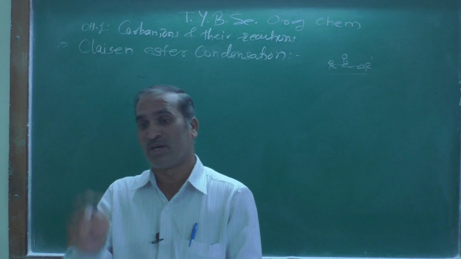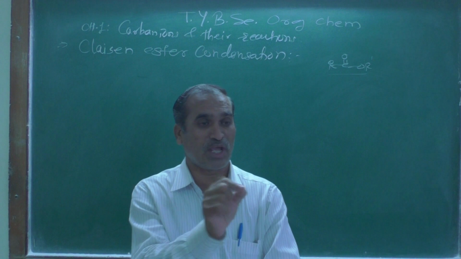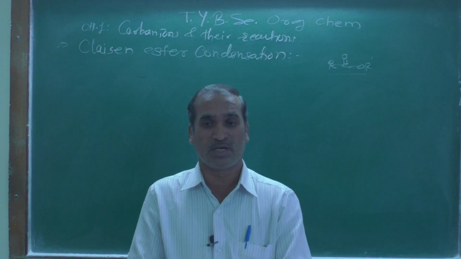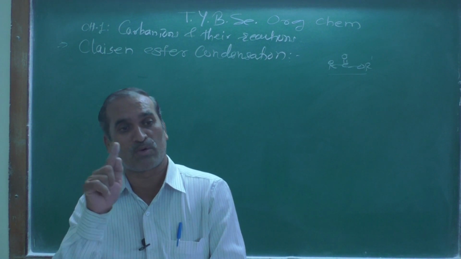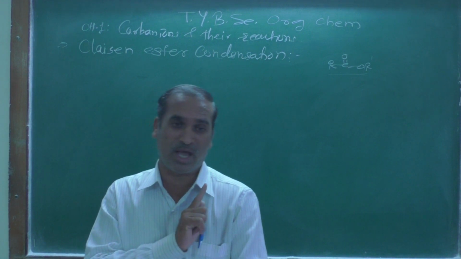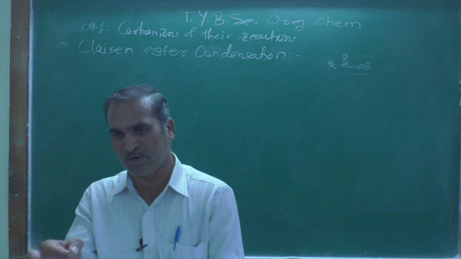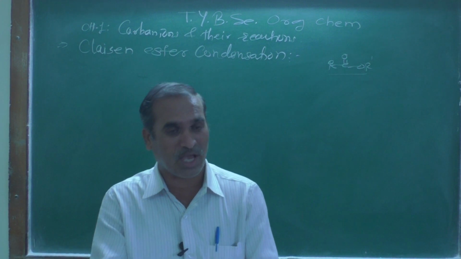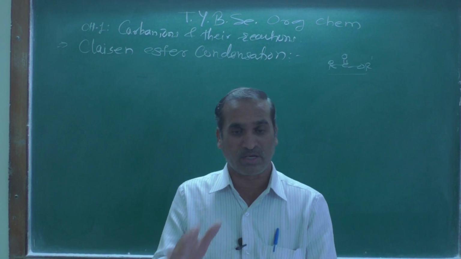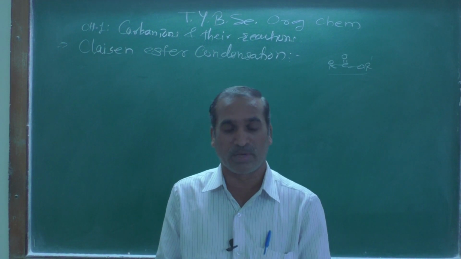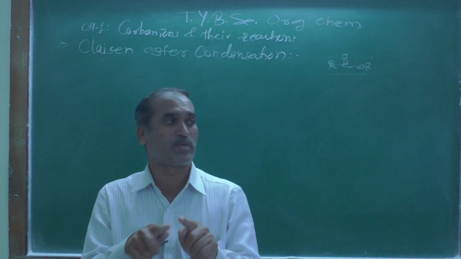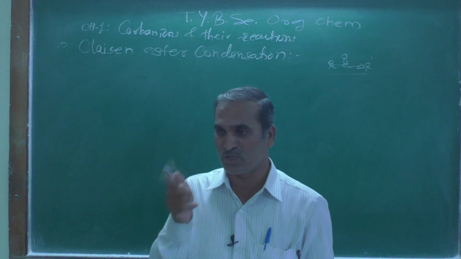That reaction is named differently, so you might get confused here. The intramolecular reaction is there, but that is the Dickmann cyclization. Remember, in Dickmann cyclization there is formation of a ring type of compound.